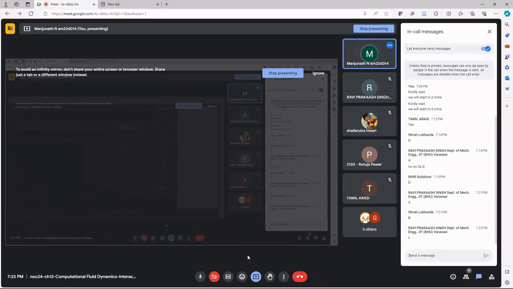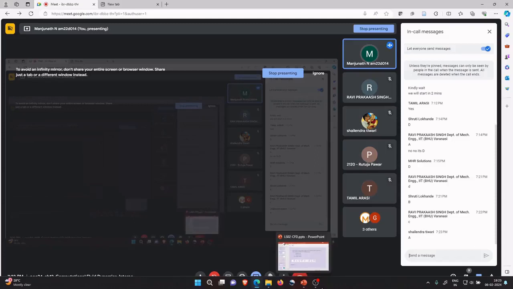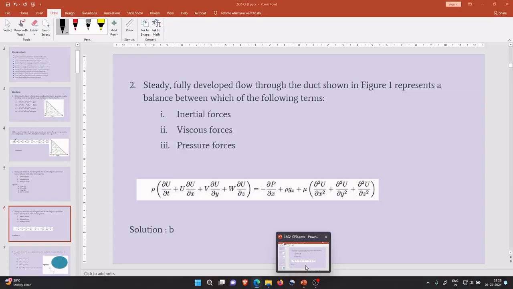Somebody has answered C. Can you reply which one is the inertial term, which one is the viscous force? The three forces given are inertial, viscous, and pressure force.